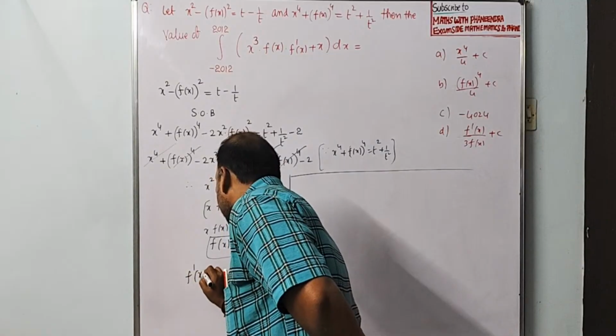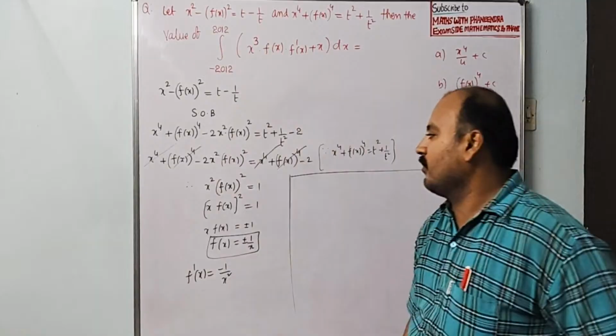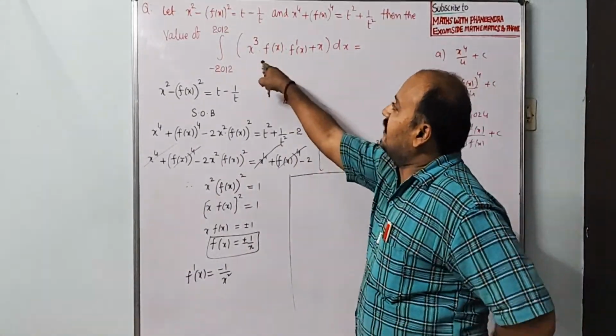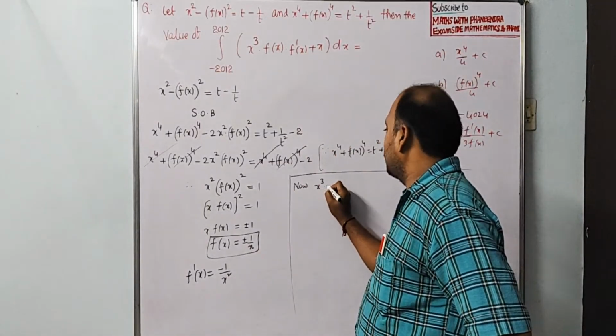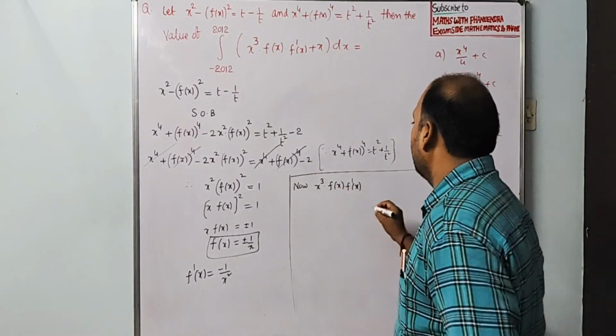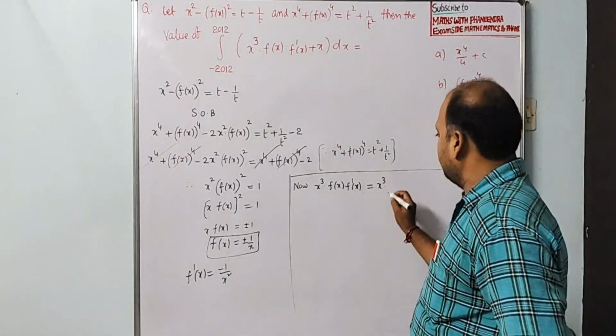f dash of x is equal to what? 1 by x derivative is minus 1 by x square. If it is minus, plus 1 by x square will come. So now calculate this value. Now x cube into f of x into f dash of x is equal to x cube into f of x.